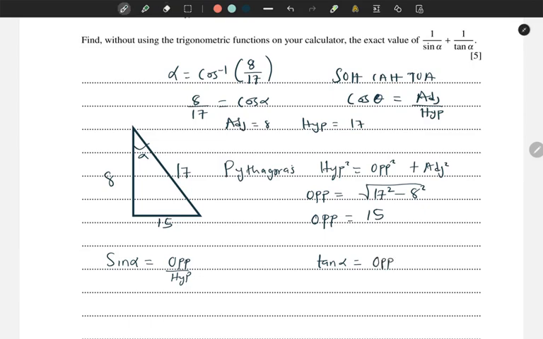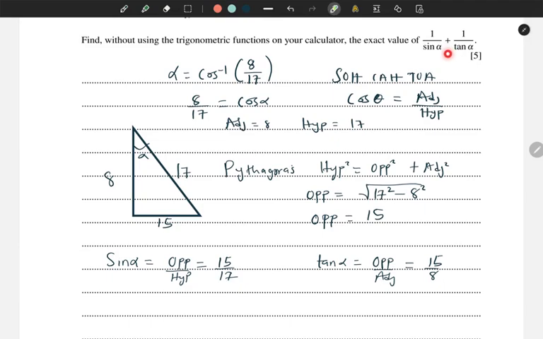Opposite over adjacent. So let's make substitution of what we obtained: sine alpha is going to be 15 over 17, while tan alpha is going to be what? 15 over 8.